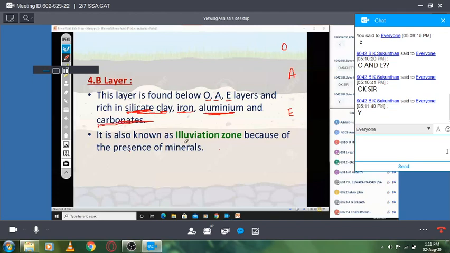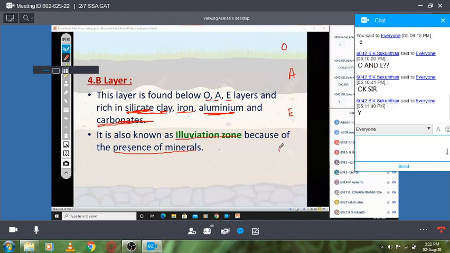It is also known as the alluviation zone because of the presence of the minerals which are present there.